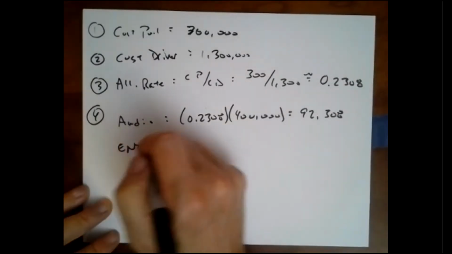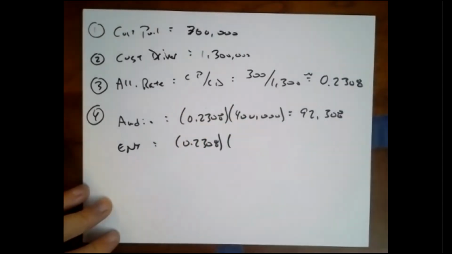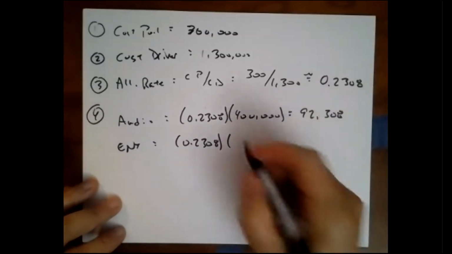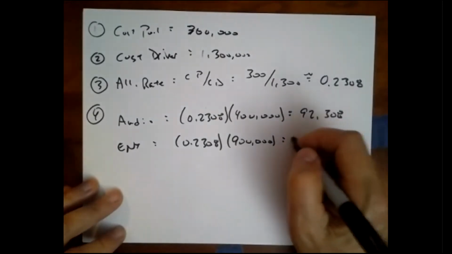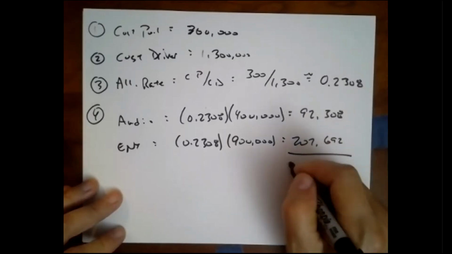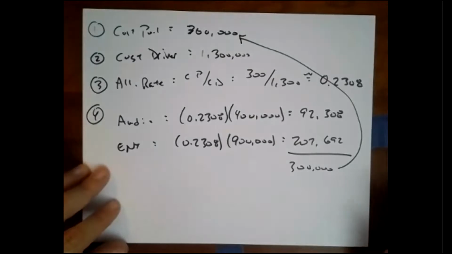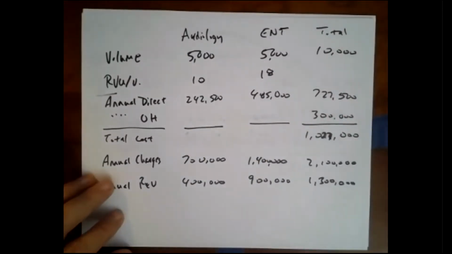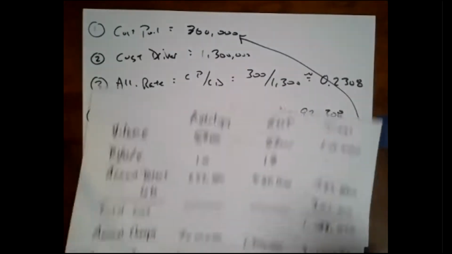And then ENT, same thing, 0.2308 times, instead of 400,000, we're going to use 900,000. And we get 207,692. If we add those two together, we're going to get 300,000 again, which adds up. So now we would take that and we would write it in here, and we'd say, okay, 92,308.